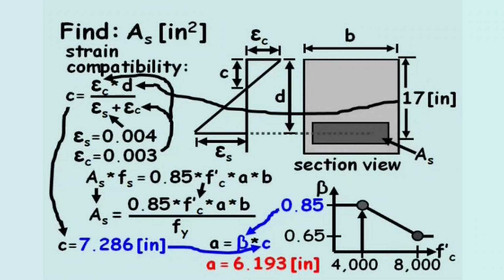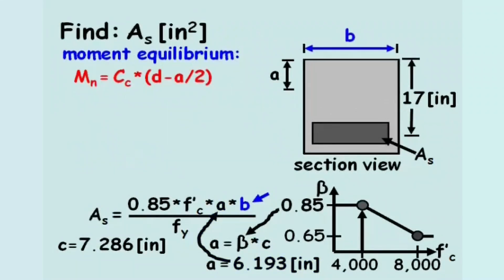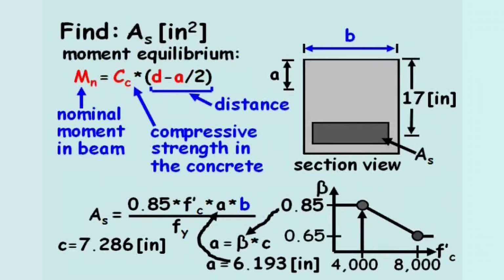The last variable we need to determine the area of steel is the beam width, B. From moment equilibrium, we know the nominal moment in the beam, Mn, equals the compressive strength in the concrete times the distance between the depth of steel and A over 2.